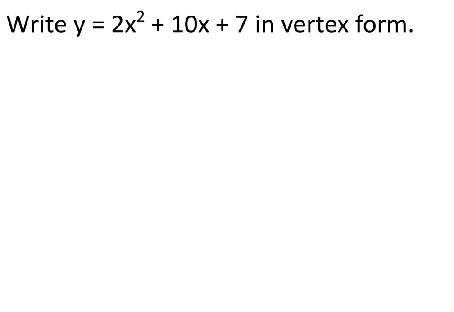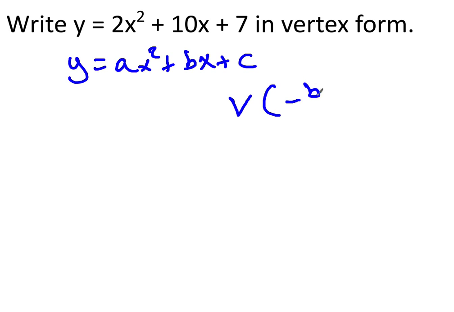Okay, and now last we're going to switch from standard form to vertex form. Standard form is y equals ax squared plus bx plus c. And the vertex for standard form is at the point negative b over 2a, comma f of negative b over 2a. This is what we did in the last lesson.